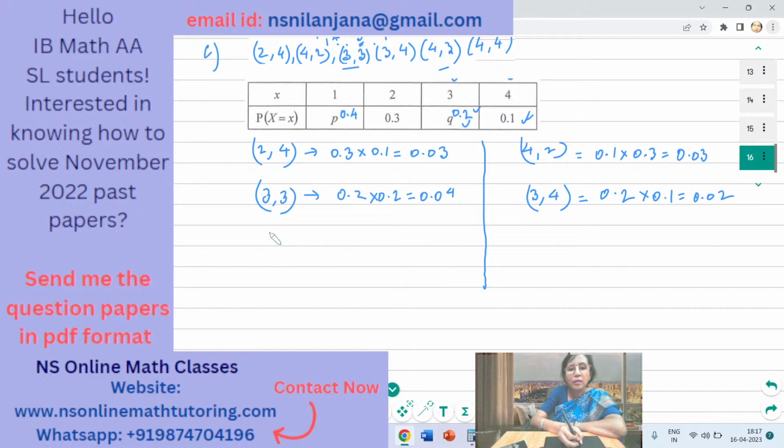P4 and 3 is 0.1 times 0.2, 0.02. And finally P4 and 4 is equal to 0.1 times 0.1 is 0.01.